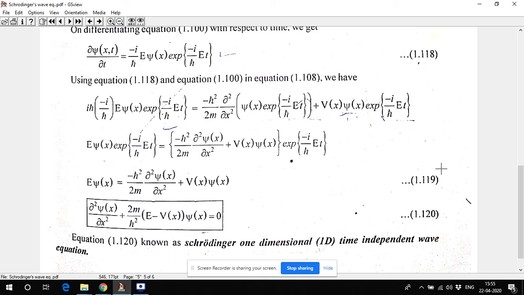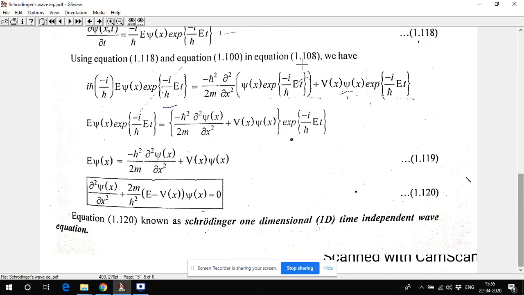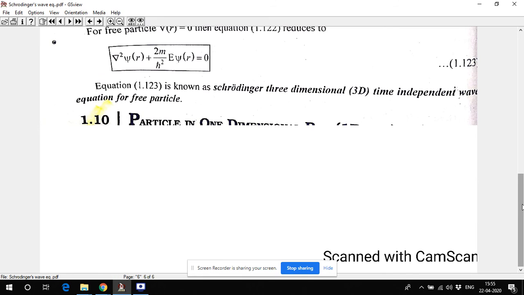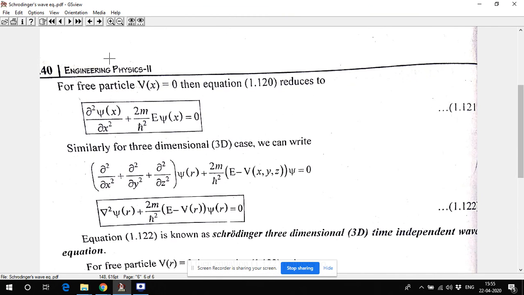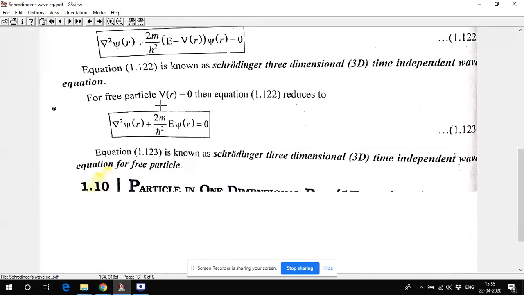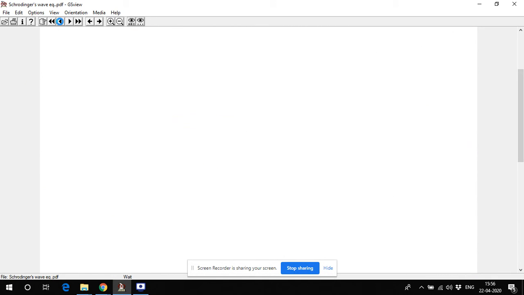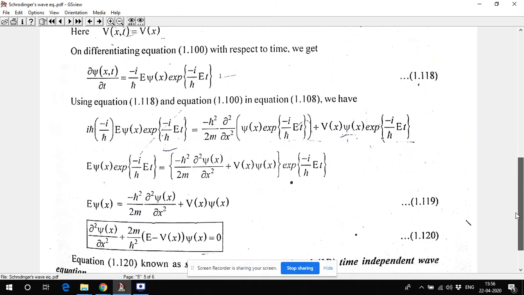This is time independent. We derived in yesterday's class the time dependent one. Now, for a free particle, as I told you, there will be no potential, so you can take V(x) equal to 0.